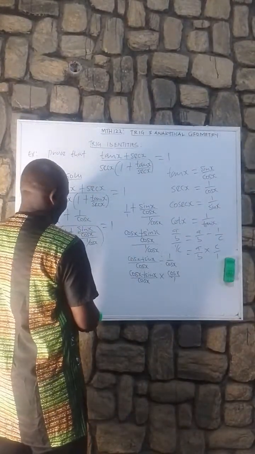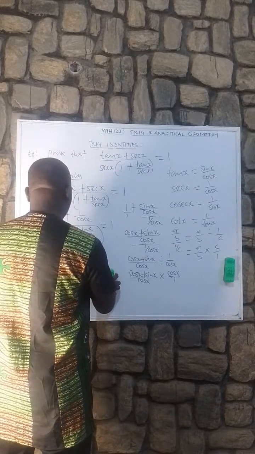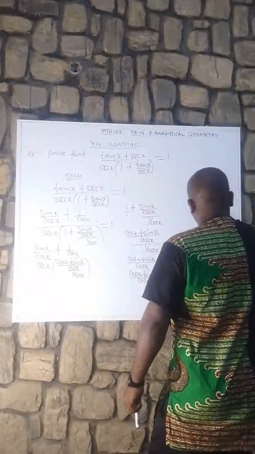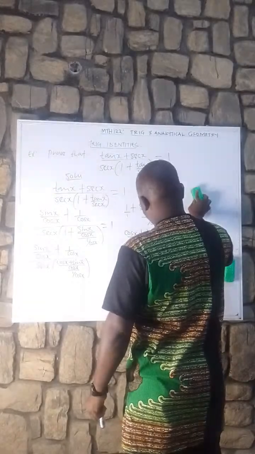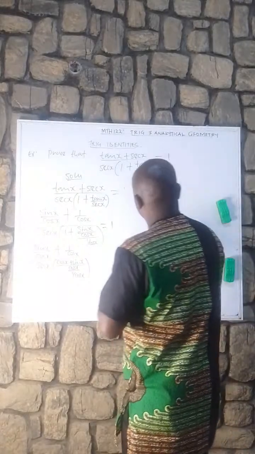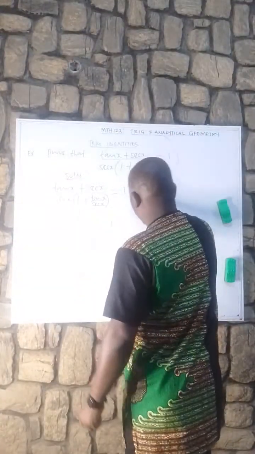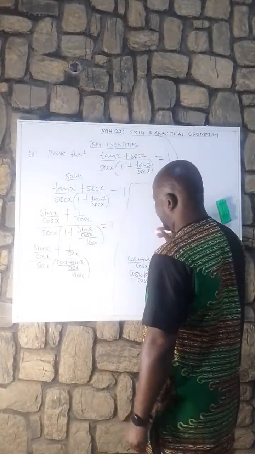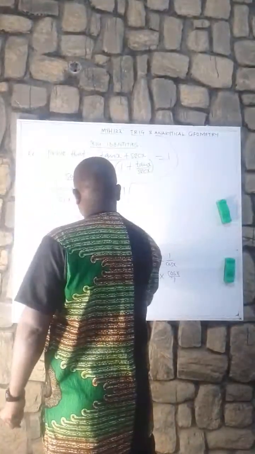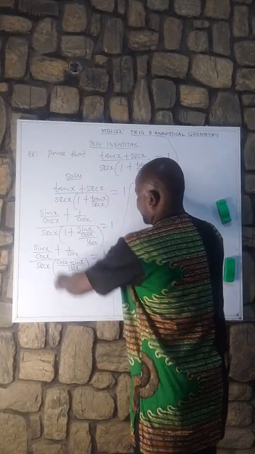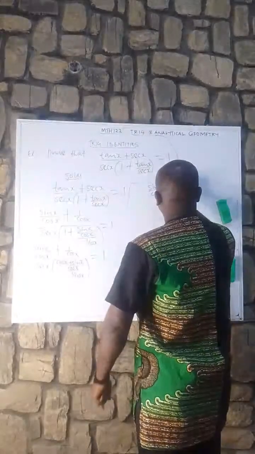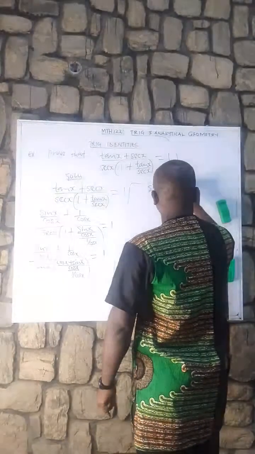It means here, this is 1. Here will now be sine x all over cos x plus 1 all over cos x, right?